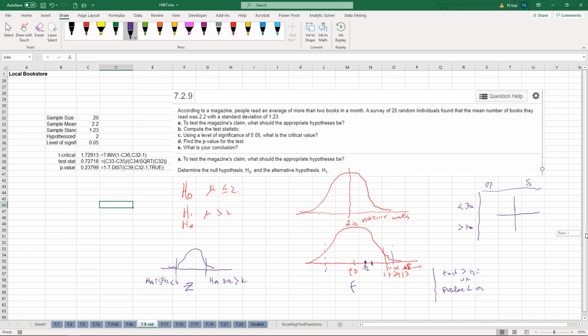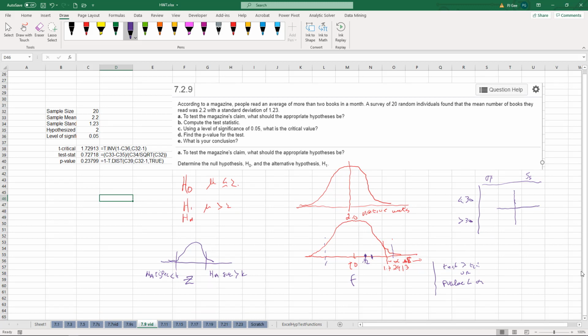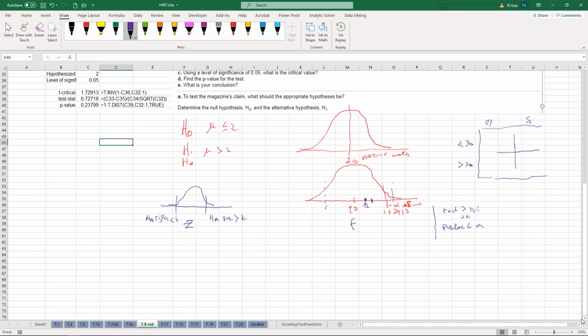Now the fifth case falls into play when the null hypothesis is that the parameter you're looking at is equal to some constant, and your alternative is that mu is either less than k or greater than k.